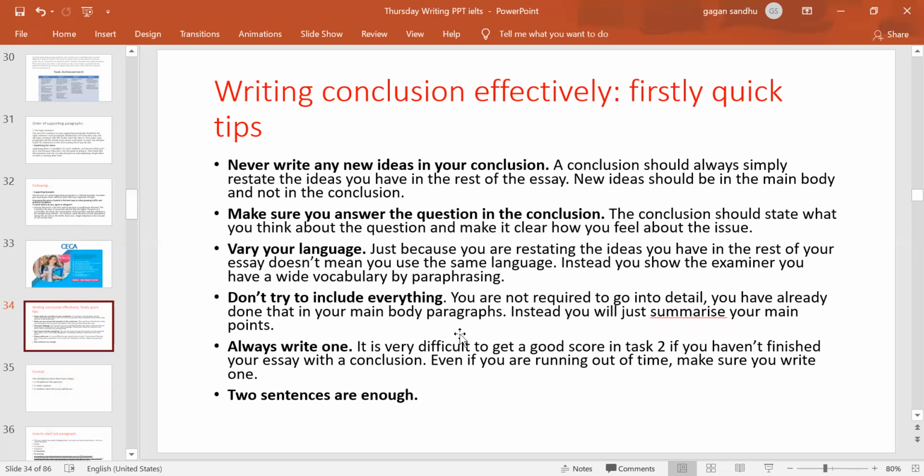Make sure you answer the question in the conclusion. Sometimes they ask you to discuss advantages and disadvantages and give your opinion, or discuss both sides of people's opinions and give your own opinion, right? Giving your own opinion is for the conclusion. It should state what you think about the question and make clear how you feel about the issue.